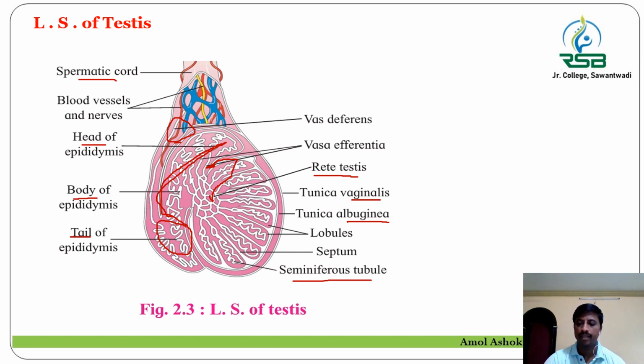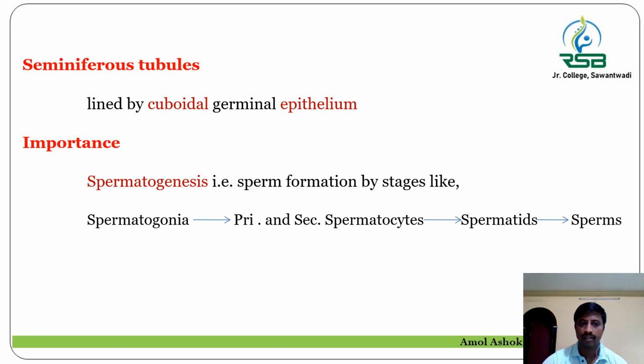Here, spermatogonia give rise to the primary and secondary spermatocytes. Primary and secondary spermatocytes give rise to the spermatid, and finally in the seminiferous tubule the most important part, the sperms, are developed.